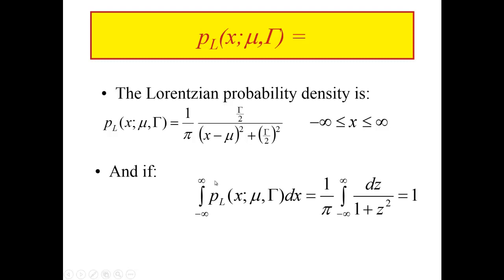And if we integrate that over all possible values of x from negative infinity to positive infinity, we do find that the answer is 1. So it is a normalized probability distribution, which is helpful. And here's what you would do to evaluate that using, once again, a dimensionless variable z to simplify the mathematics.